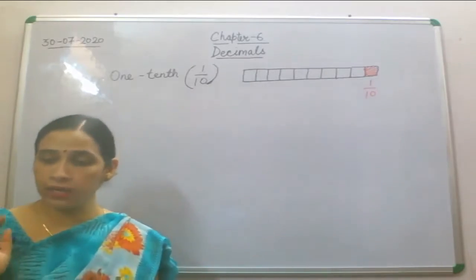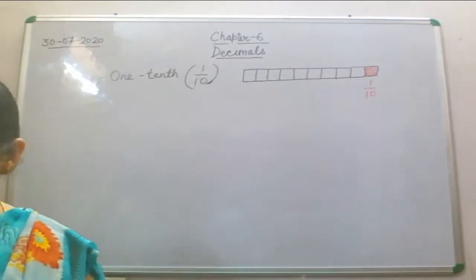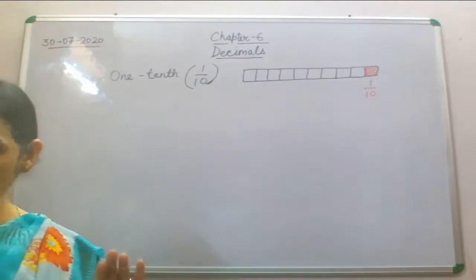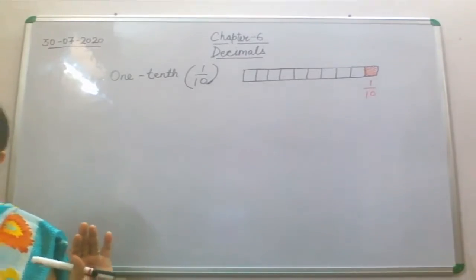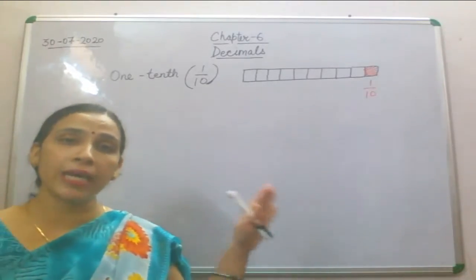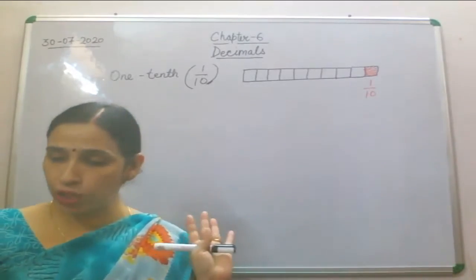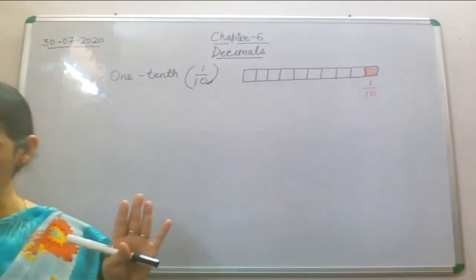We know that 1/10 stands for 1/10 of a unit, as you can see in the picture. In other words, a figure is divided into 10 equal squares, and one part is shaded, and this shaded part represents 1/10 of that.